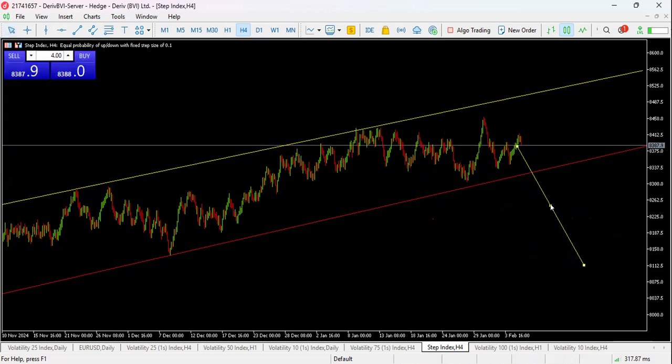let's say you see the market coming down, and you just rush and sell. But before you know it, price will just go to the upside and take you out of the market.